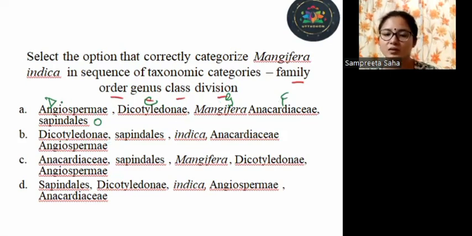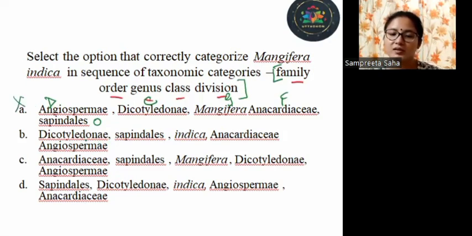So we have the sequence of division, class, genus, family, and order. That is not the sequence they are asking for. They are asking for family, order, genus, class, and division. So this option is incorrect.